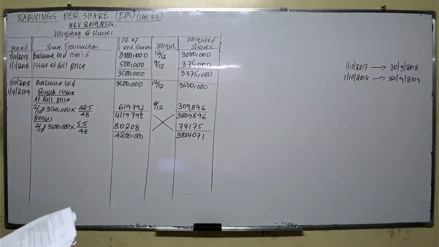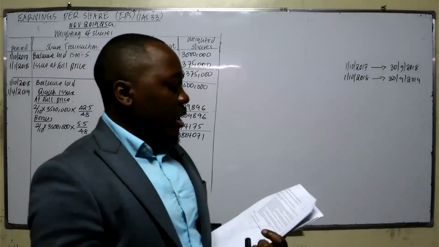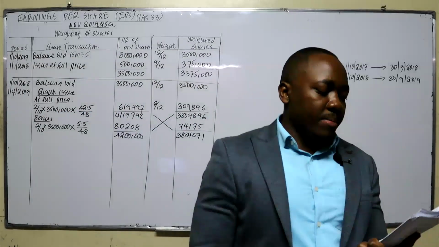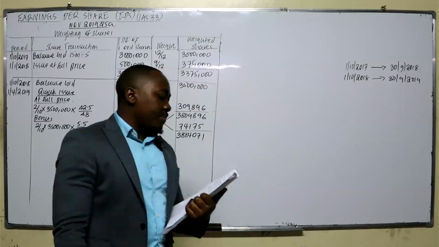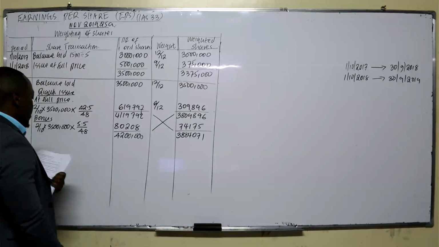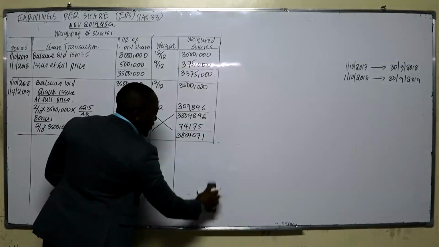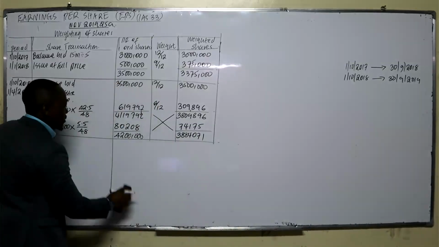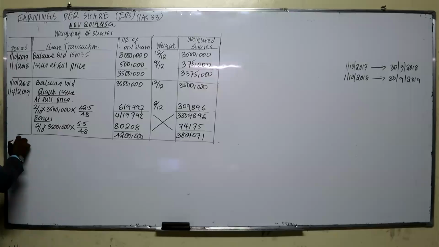Required. The basic earnings per share for the year ended 30th of September 2018. Then number 2 is the basic earnings per share for the year ended 30th of September 2019. So how do we get the basic EPS?